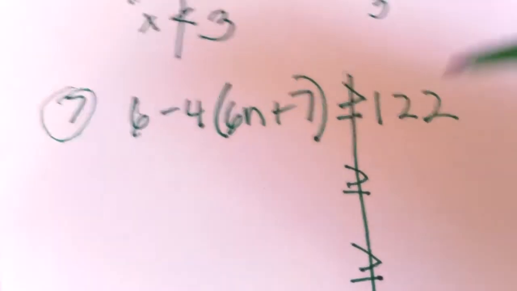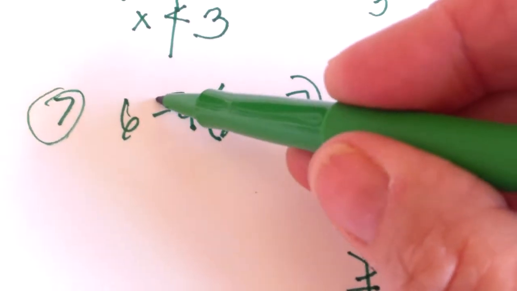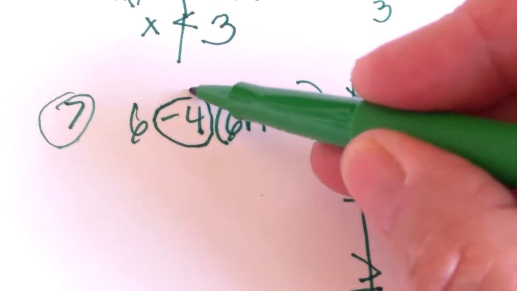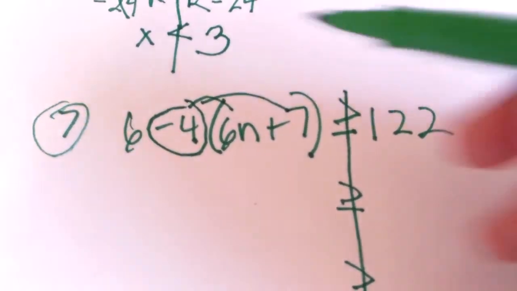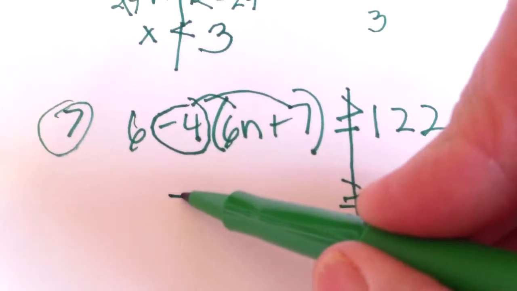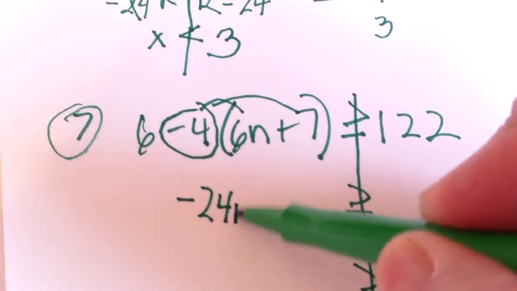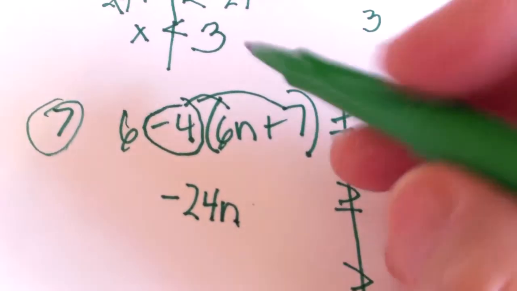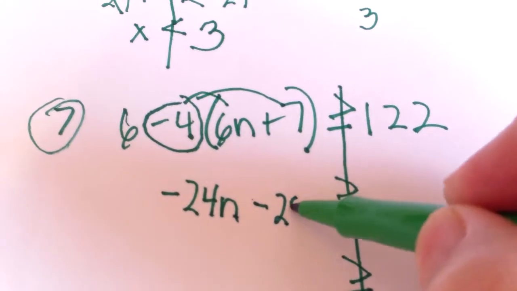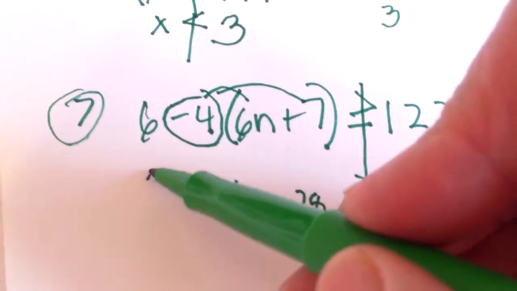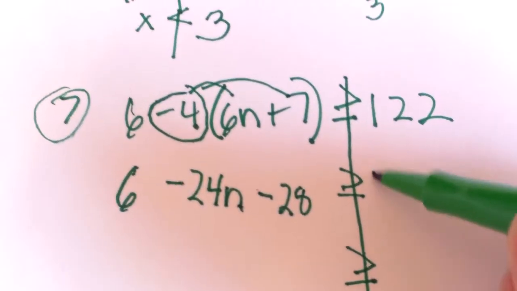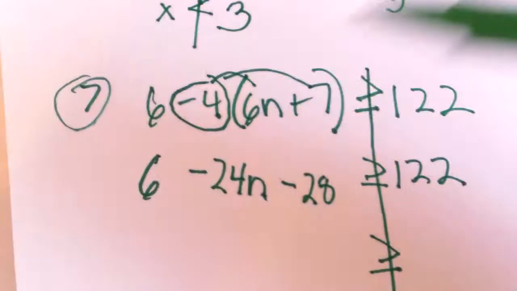I have to distribute a negative 4 to everything in the parentheses. And so negative 4 times 6n is negative 24n. And negative 4 times positive 7 is negative 28. And don't forget the 6 that we haven't done anything with. We're just doing our distributive property first.